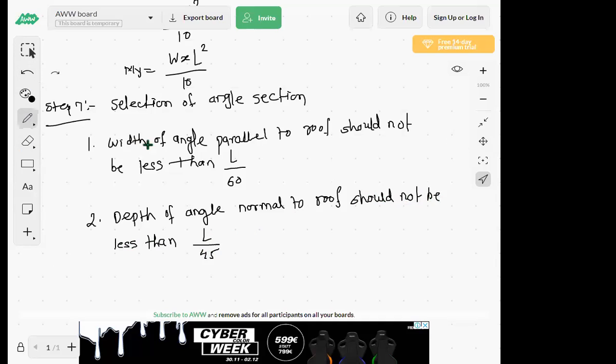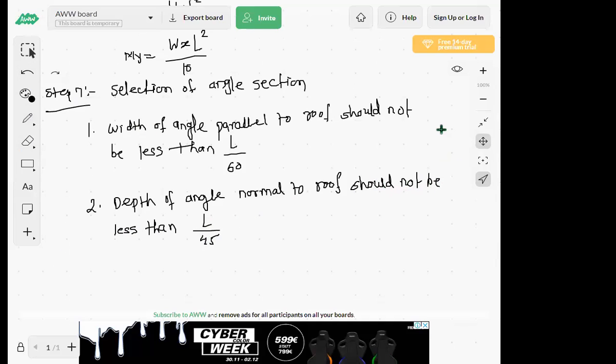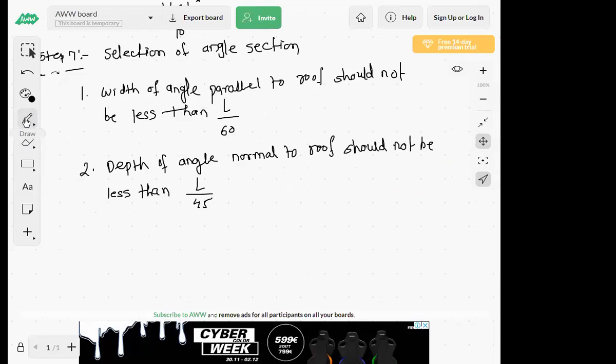So by using this L by 60 and L by 45, we have to calculate or find the width and depth of the angle section. Where L is equal to spacing of truss.